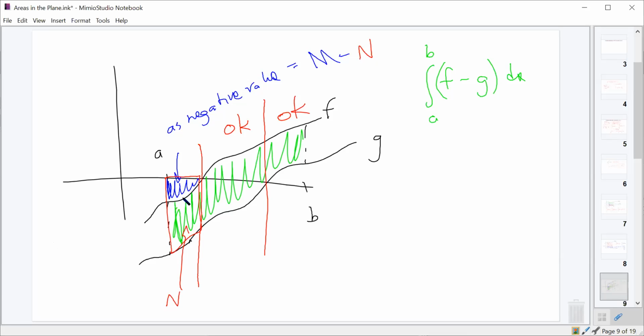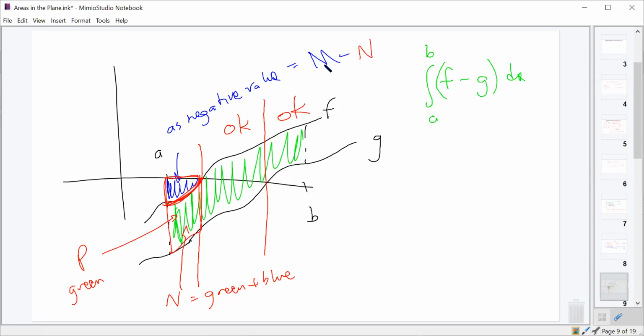It's going to give us this little negative, which is m, minus this bigger negative, which is n. And let's define this even further here. So let's say n is the green and the blue in that interval, but let's call p just the green part.